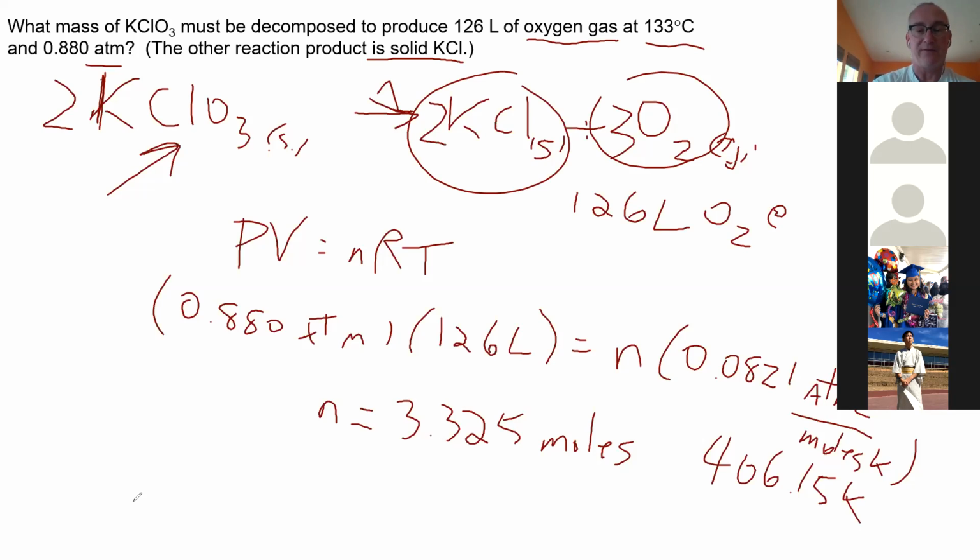So if I have 3.325 moles of O2, how many moles of potassium perchlorate do I have? How do I use the balanced equation to answer that question?